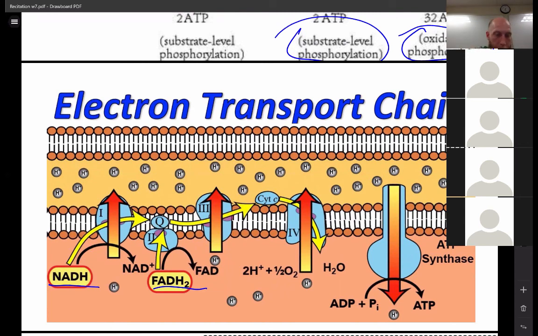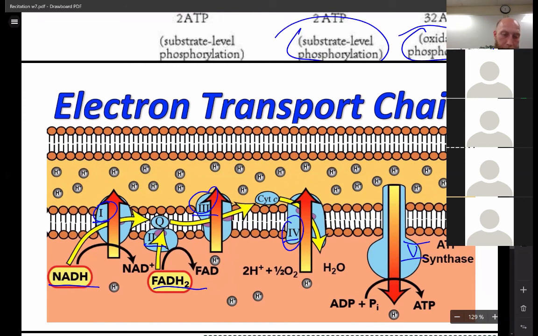Things to note is that the reason NADH is going to get you more ATP equivalents than FADH2 is because of what complexes pump hydrogens. When we talk about the electron transport chain, you talk about complex 1, 2, 3, 4, and then ATPase is usually called complex 5. But the point that I'm making is that you're only pumping hydrogens in complex 1, 3, and 4.